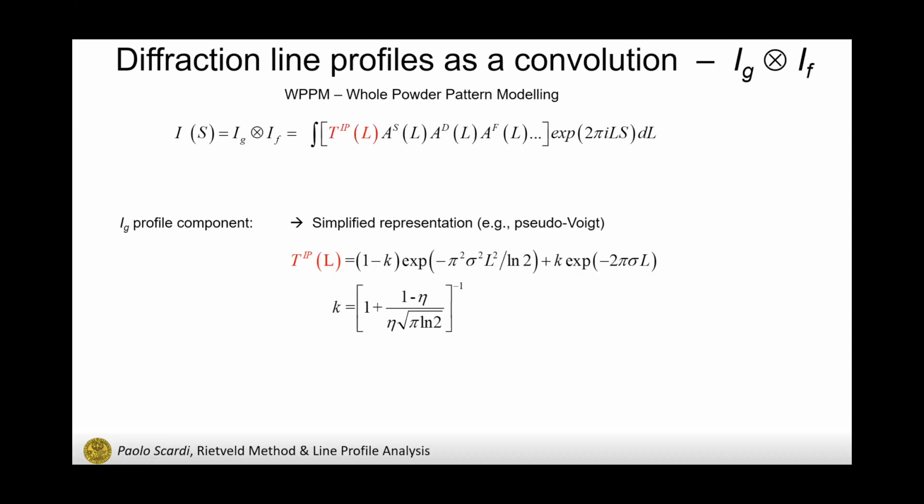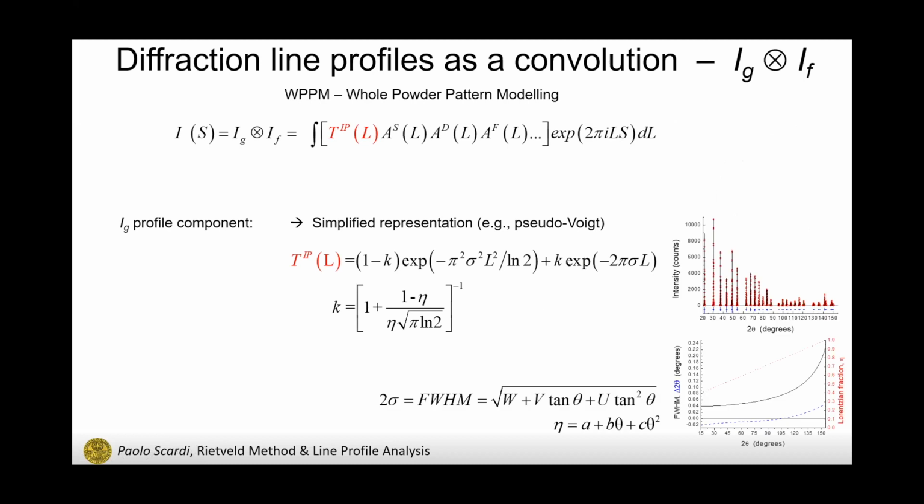As you can see, in the simplified approach for the G component, the instrumental profile, we can use the analytic Fourier transform of the pseudo-Voigt function, which is a simple expression, and use the parameterization that I have already shown before. This means basically that once a standard has been analyzed, this can be fixed and used for any application.